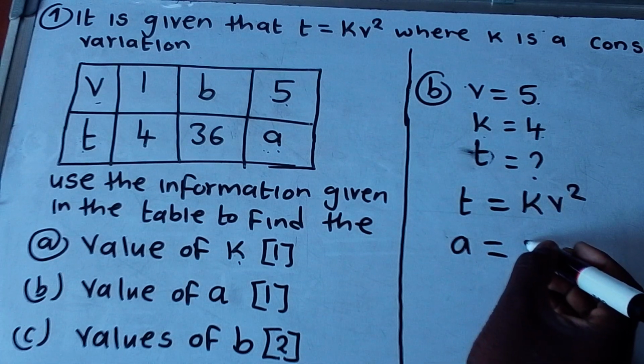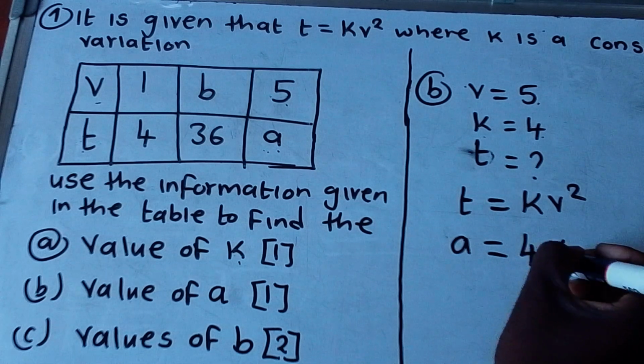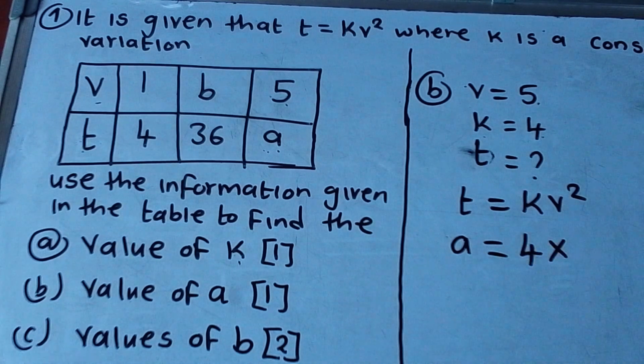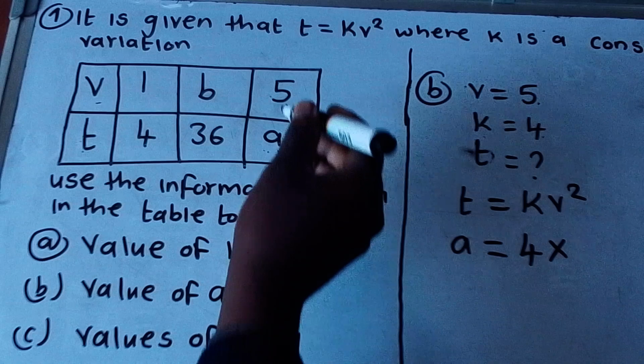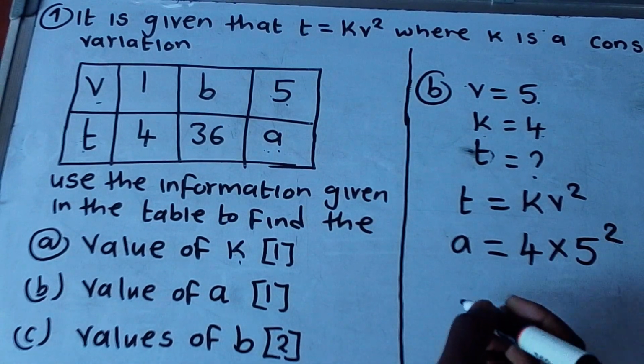What is K? We know that it's 4 times. What is V? V is 5. So you say 5 squared.